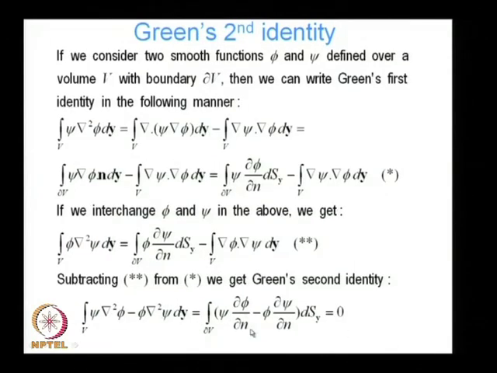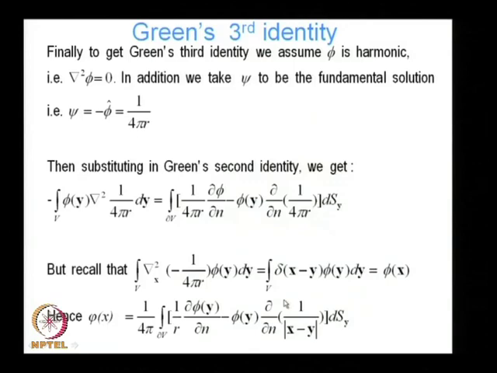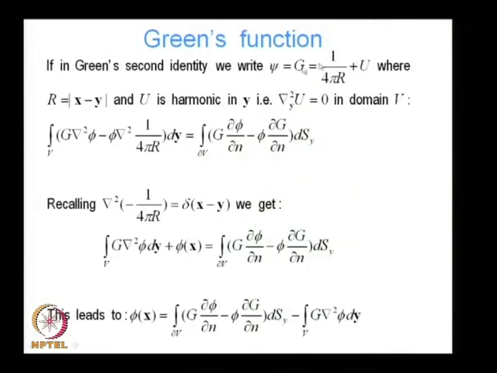g del phi del n minus phi del g del n, right. Psi is equal to g. So, psi Laplacian of phi minus phi Laplacian of 1 by 4 pi r, because Laplacian of u is always 0.